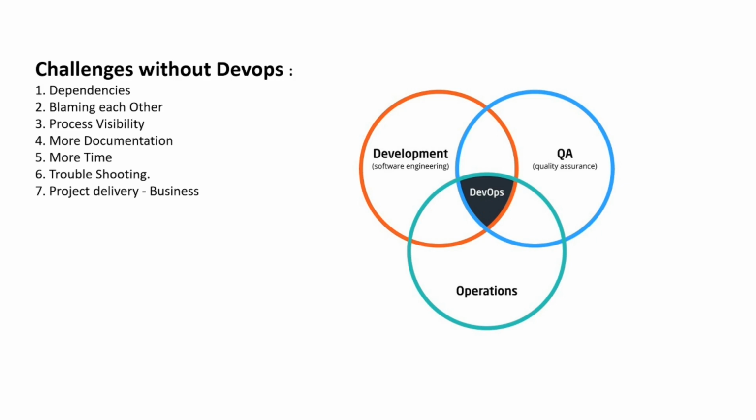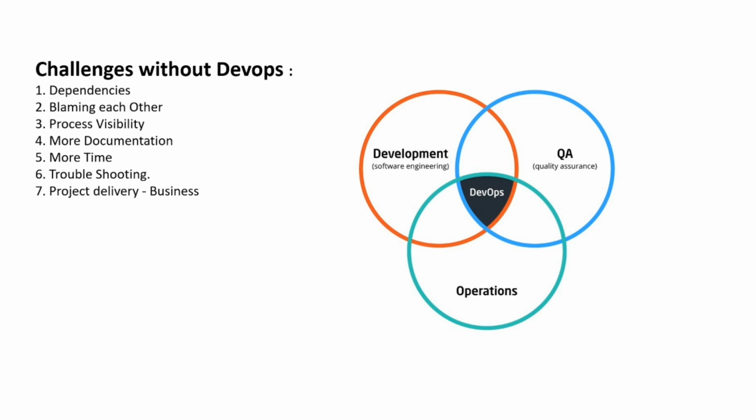So he will take care of these three things at the same time. And when it comes to blaming each other, if you don't have a DevOps engineer, what happens is the development team writes some code and gives the build to the operations team to deploy. When they deploy the code, something's not working, so they think there is something wrong at the code level.